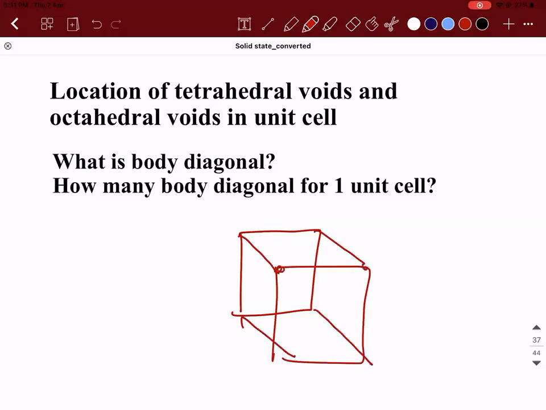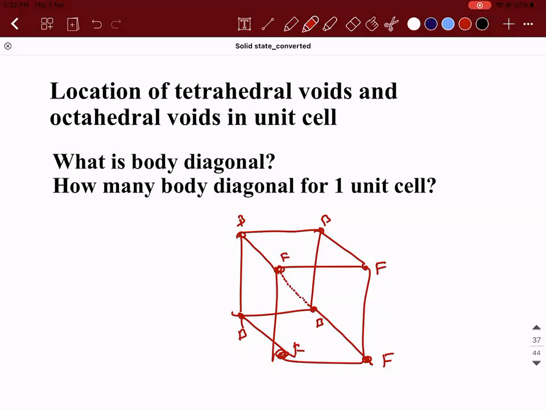See, these lattice points are situated in front. Clear? These lattice points are all situated in the back. Now, this front and this back are connected by a line. That line is known as a body diagonal. So, for a unit cell, how many body diagonals will be there?